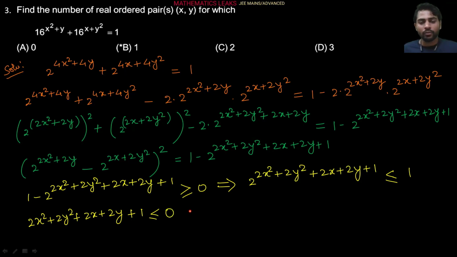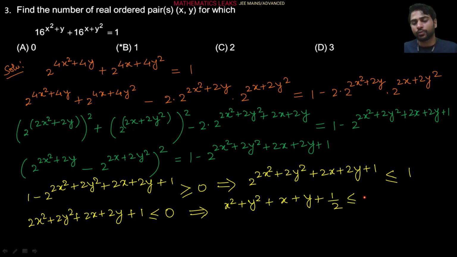Now I am just going to divide this inequality by 2. So we can write down x square plus y square plus x plus y plus 1 by 2 is less than or equal to 0 here. Right, everybody? Now this 1 by 2 I am going to change mathematically: I can write 1 by 2 as 1 by 4 plus 1 by 4.